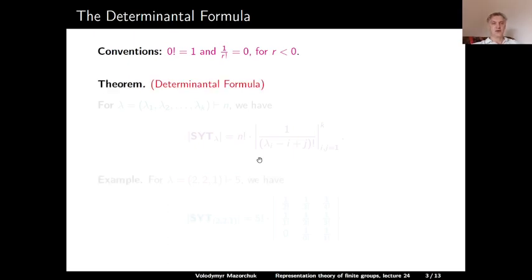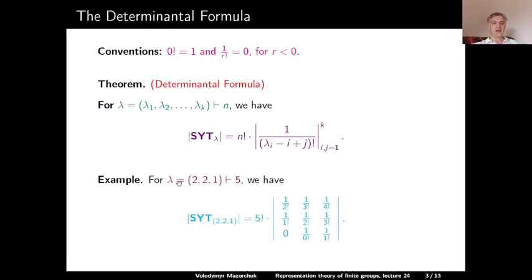Theorem, usually called the determinantal formula: for a partition lambda of n of the form lambda 1, lambda 2, and so on up to lambda k, the cardinality of the set of standard Young tableaus of shape lambda is equal to n factorial times the determinant of the k times k matrix, for which in row i and column j we have the entry 1 divided by (lambda i minus i plus j) factorial.